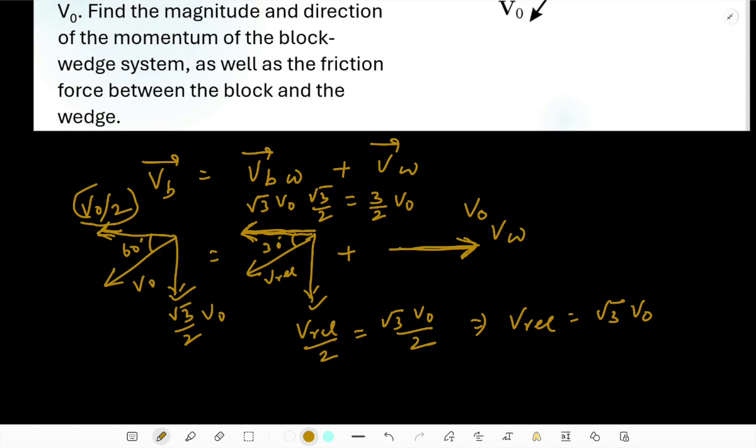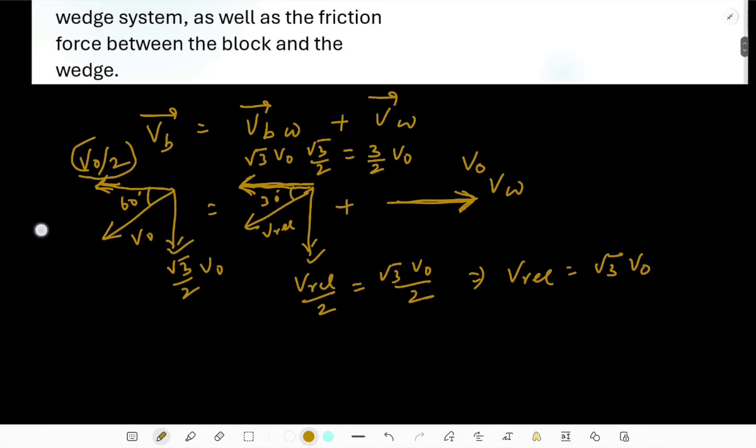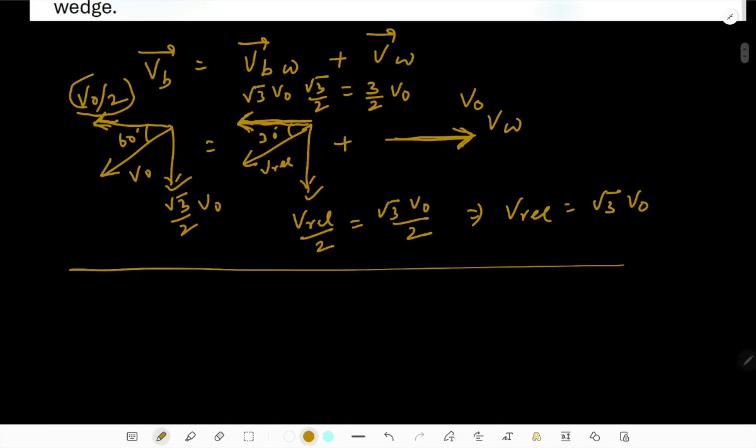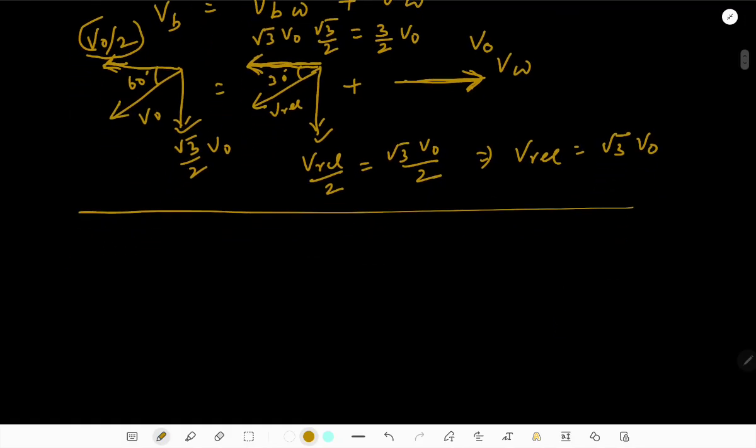Now I can find the momentum of the wedge block system, and to do so I'm going to write things down again. First I am going to take care of the horizontal direction.